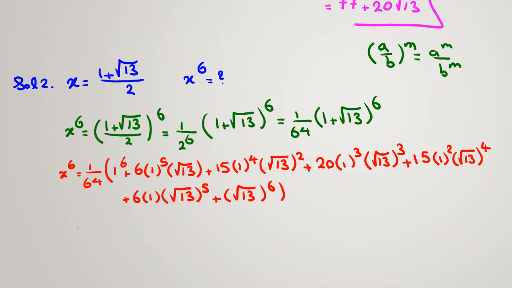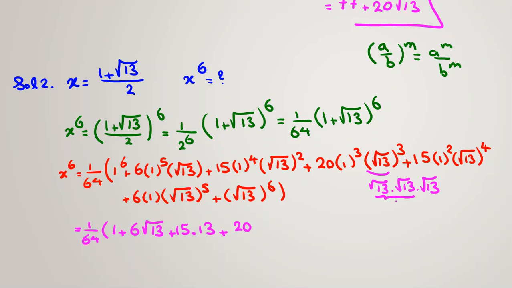And now, if we want to simplify, it will be 1 over 64 times: 1 to the 6 is 1; 6 times 1 gives 6 root 13; root 13 squared is 13, so it will be 15 times 13. The next one is 20; root 13 cubed is root 13 times root 13 times root 13, and root 13 times root 13 is 13, so it will be 20 times 13 root 13.